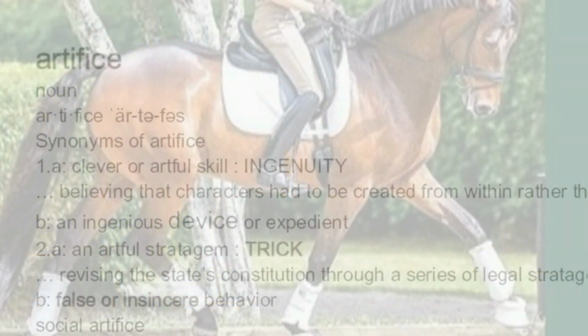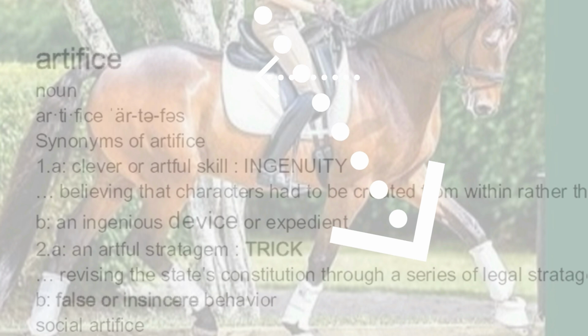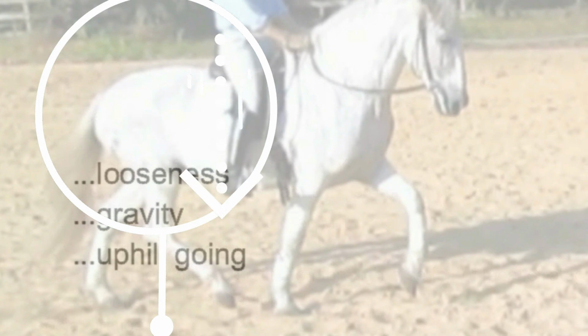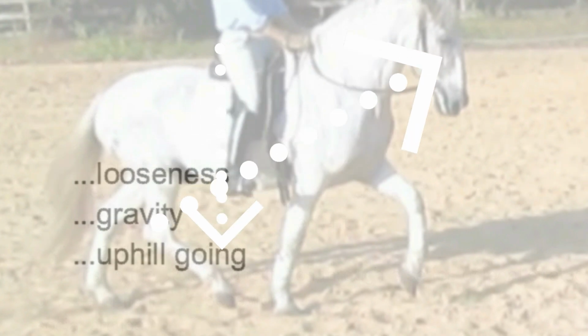And saddle designs recently are enabling this and making a fake situation with thigh blocks, pushing the thigh back and forcing the knee into a lower position that it has not earned from looseness, gravity, and the horse's own uphillness.